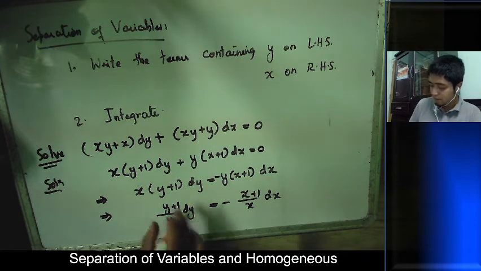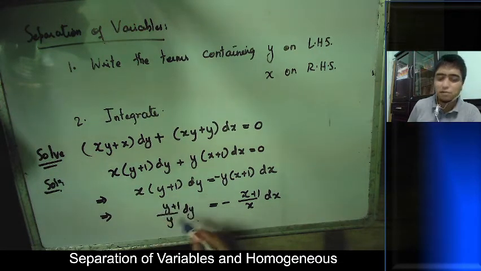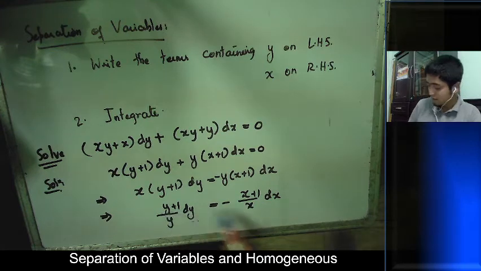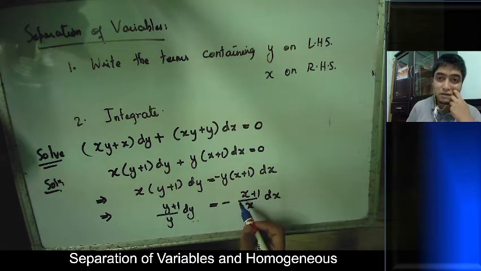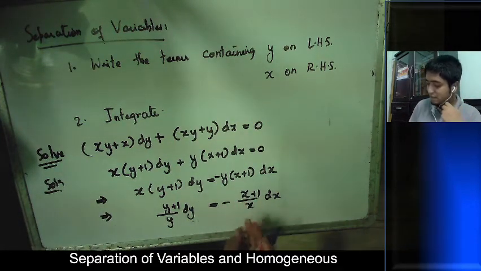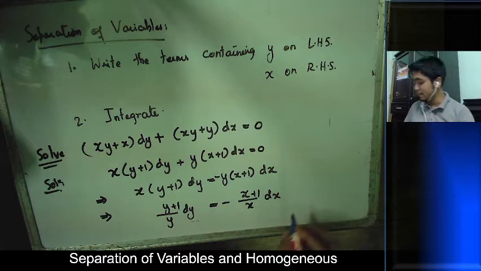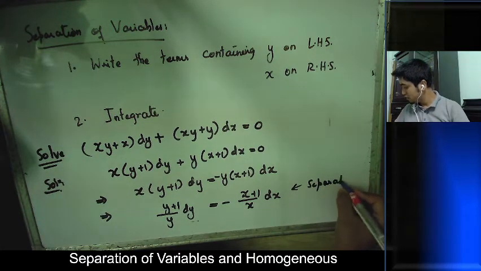If you notice now, the left hand side contains only y and the right hand side contains only x. So separation of variables has been done. We had separated the variables into y and x. So the variables are separated.